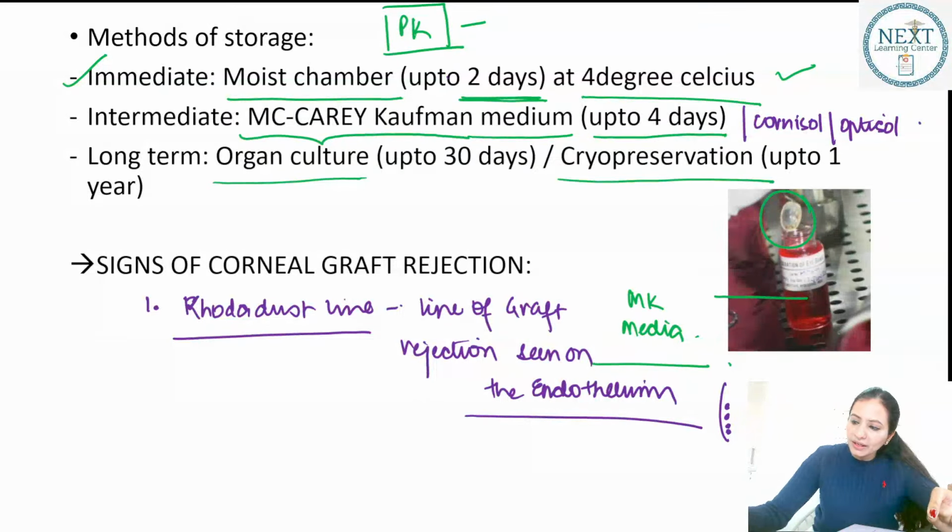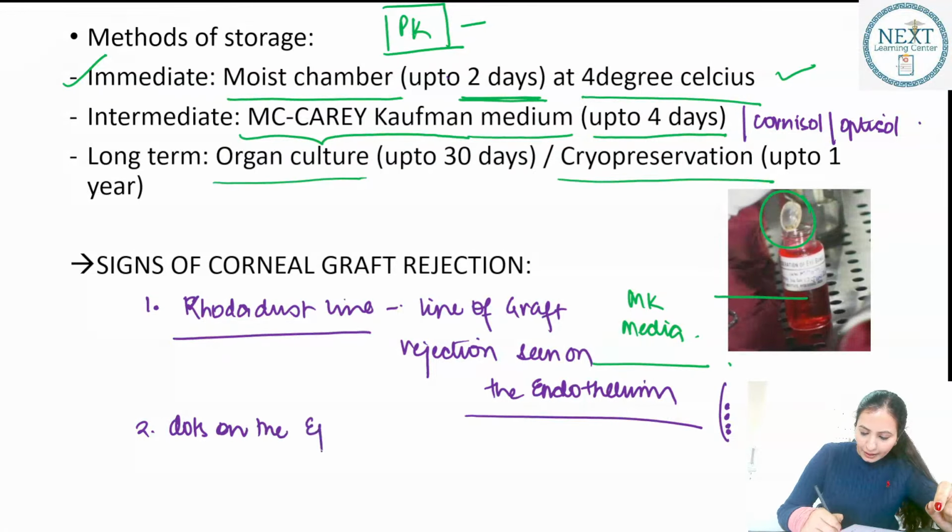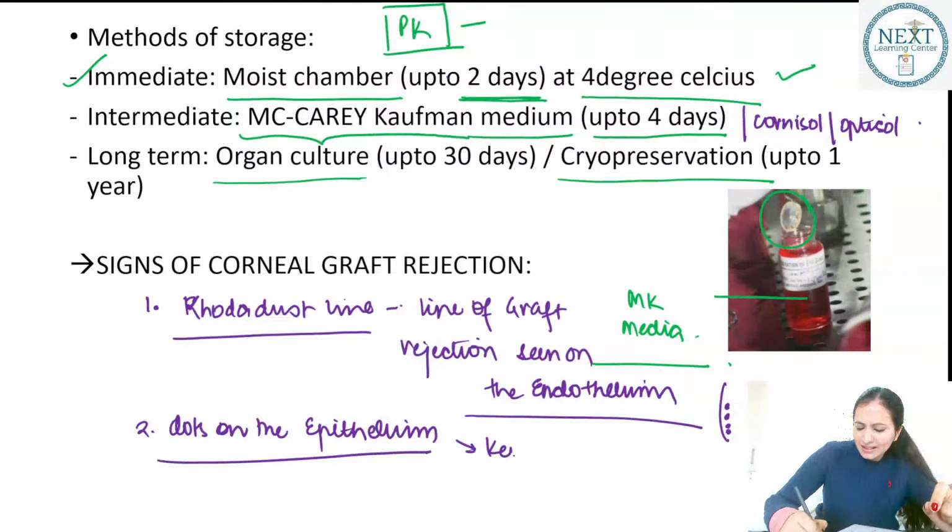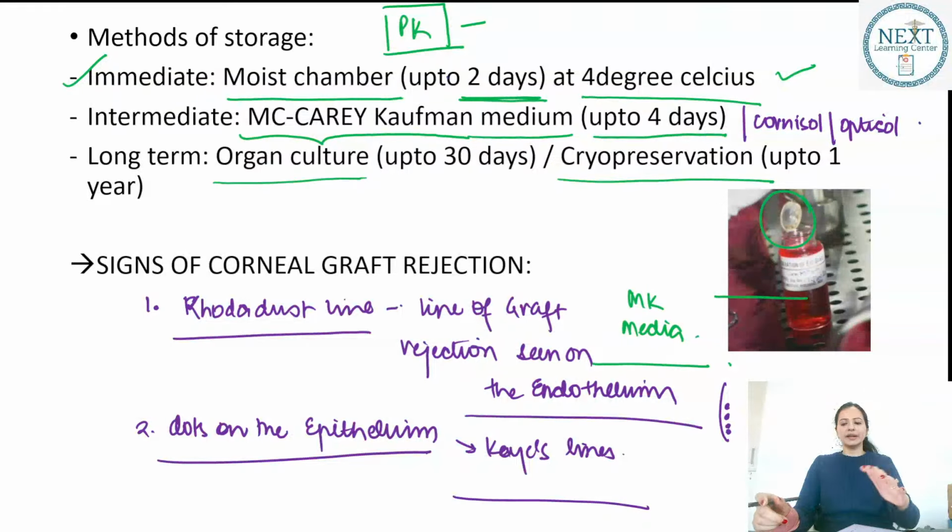Or you can have multiple dots on the epithelium also. What do we call that? You call it Krachmer spots. So these are the two signs of corneal graft rejection.